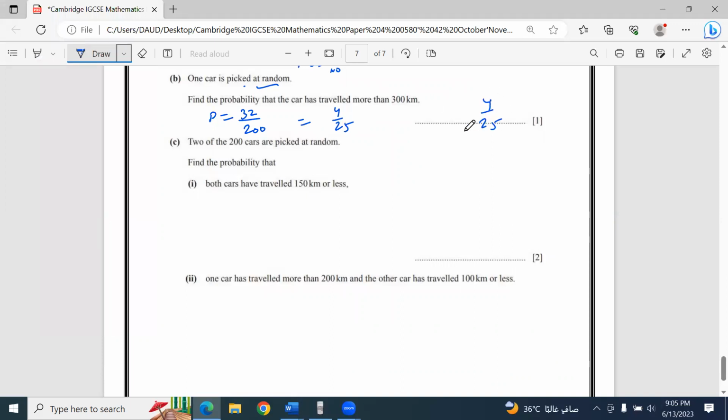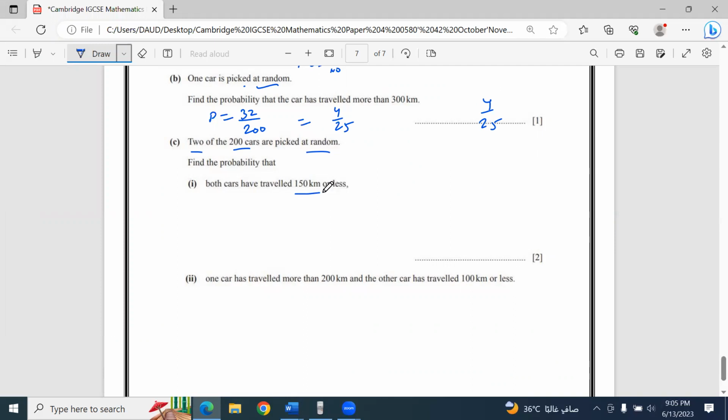That is your answer. And next, now there are 2 cars. Two of the 200 cars are picked at random. Find the probability both cars have traveled 150 kilometers or less.